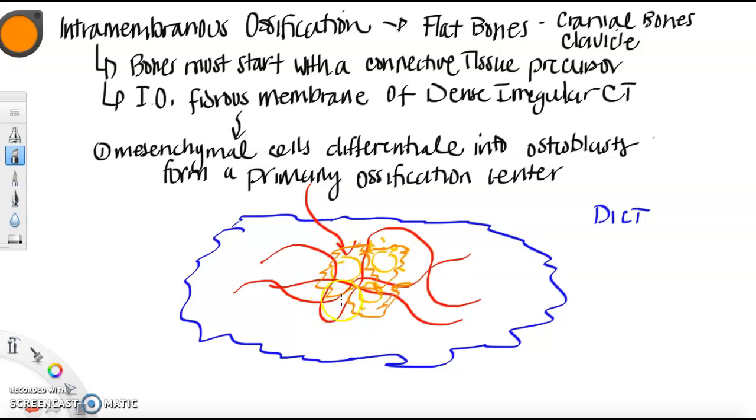And so as it's making the spongy bone, it's kind of pushing the dense irregular connective tissue out and depositing the bone tissue. So it keeps doing that until when it gets to the periphery, it starts to compress and we get compact bone. Okay, so it's going this way, and we're getting compact bone on the periphery there.